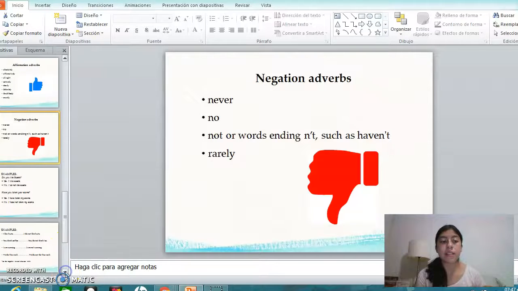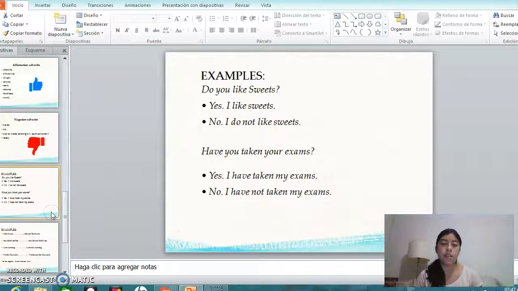As with affirmation adverbs, there are a few more, but these are just so you can see and recognize the negation adverbs, okay? So moving on, we are going to see some examples.